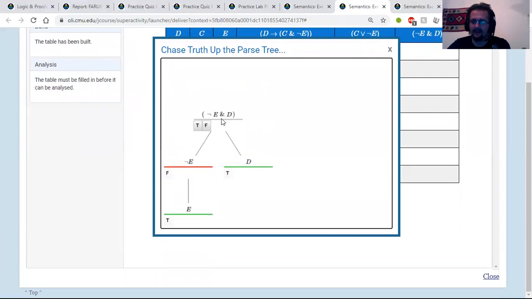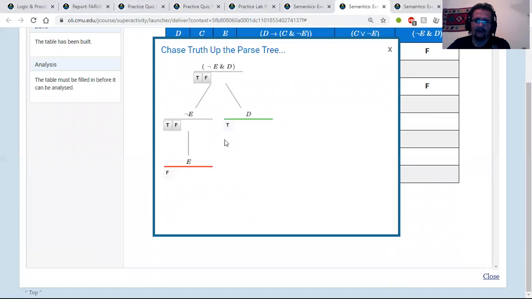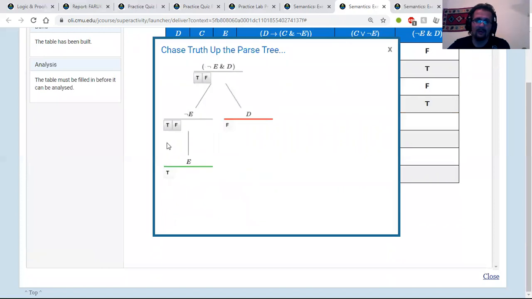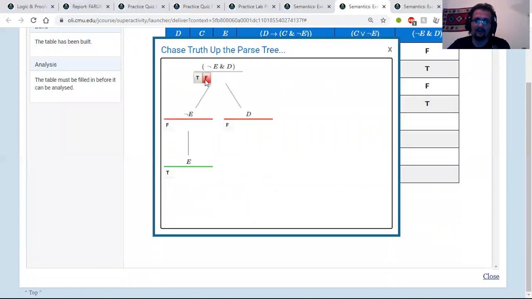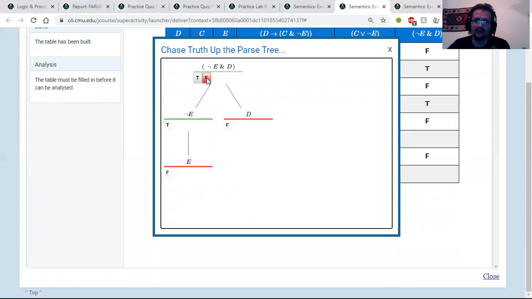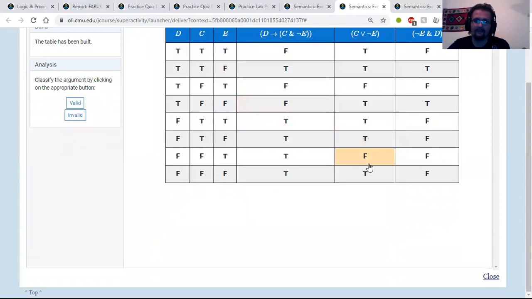Notice the top level function is a conjunction, so we need both sides to be true for this to be true. So that's going to happen kind of rarely. False and true is false. True and true, that's true. False and false is false. And true and false is false.